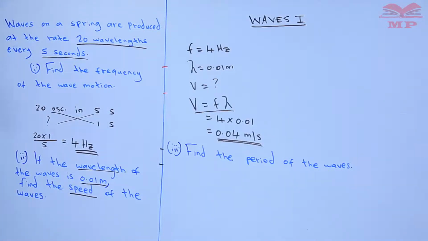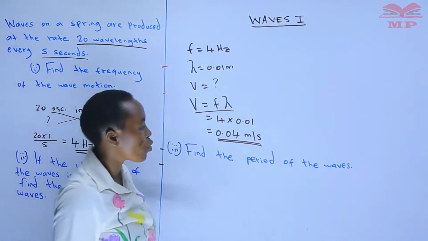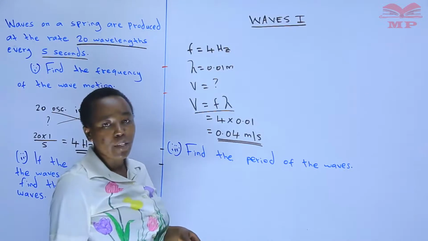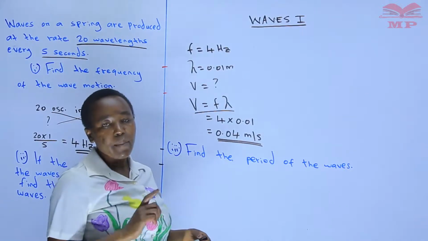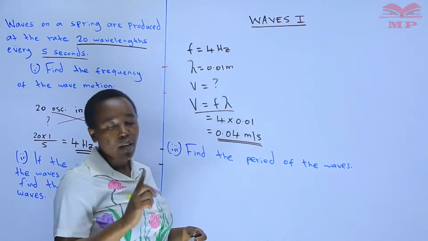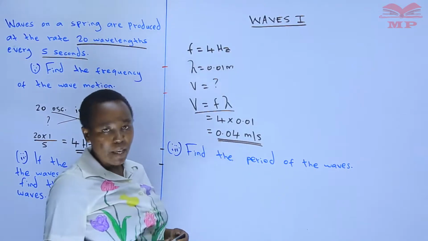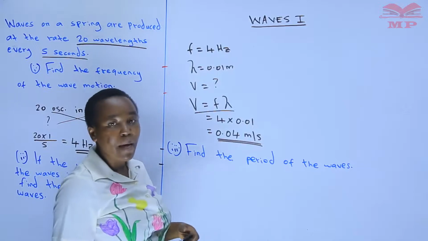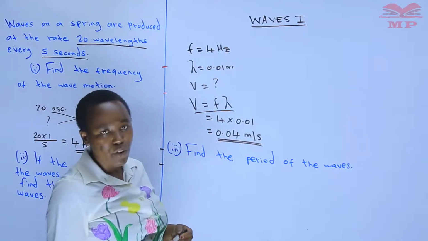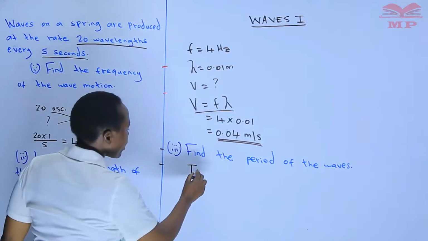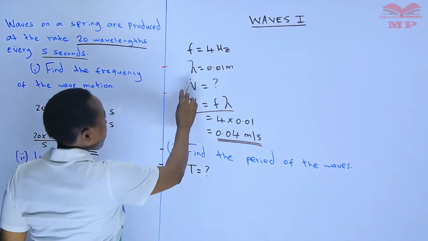so part 3, you are told to find the period of the waves. So remember, when we talk of period, it simply refers to the time taken to complete one oscillation. So we can apply two different methods. Again, we know that period is the reciprocal of frequency. We can start with that one. We want to find the period T, and we have the frequency.